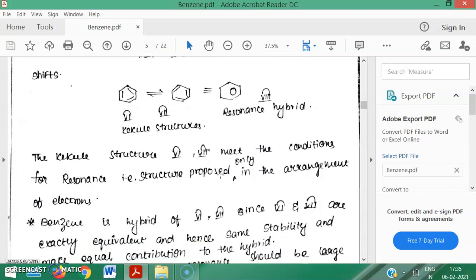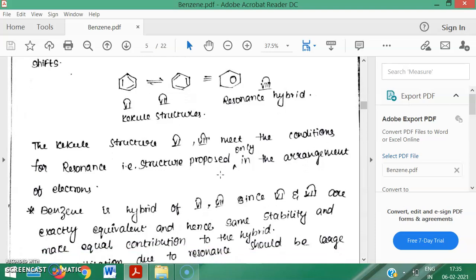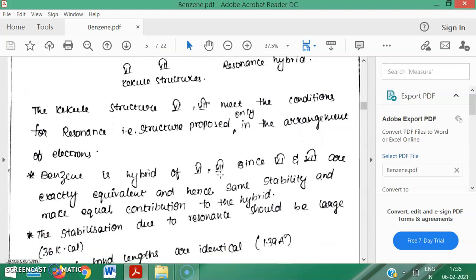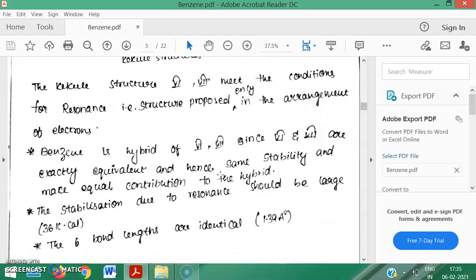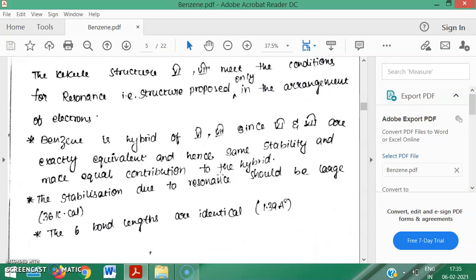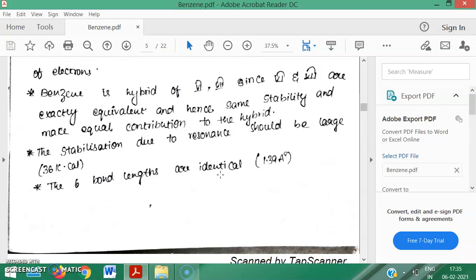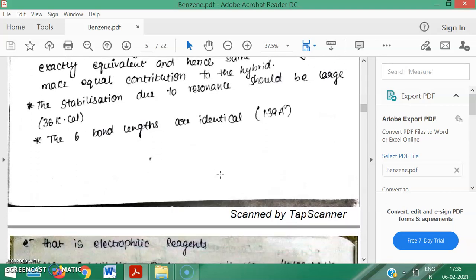The Kekulé structures 6 and 7 meet the conditions of resonance, that is, structures differing only in the arrangement of electrons. Benzene is a hybrid of 6 and 7. Since 6 and 7 are exactly equivalent, they have the same stability and make equal contributions to the hybrid. The stabilization due to resonance should be large, that is 36 kilocalories. The six bond lengths are identical; the bond length is 1.39 angstroms.